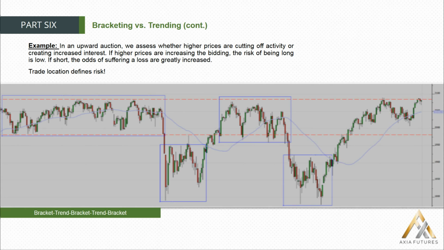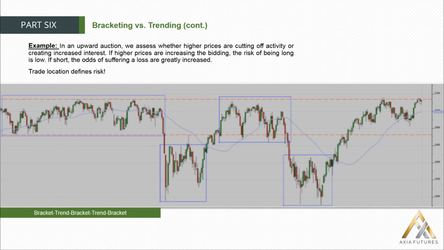So we then have our third box, another example of bracketing between buyers and sellers. Note how the key level where that dotted line is now acts again as an area where we have responsive buying. So what was initially almost call it support then became resistance and has now become support again.